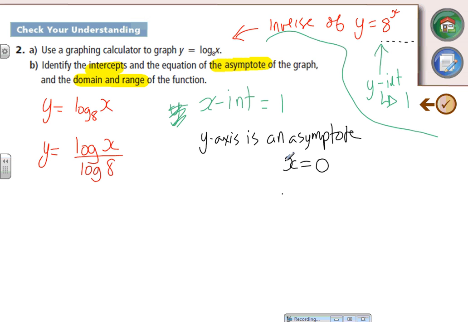If that's an asymptote, that means there cannot be a y-intercept. So we're on to domain and range. Our domain is everything greater than that asymptote, or x greater than 0. And our range, we can have anything, y is an element of the reals. And those are just the inverses of your exponential.